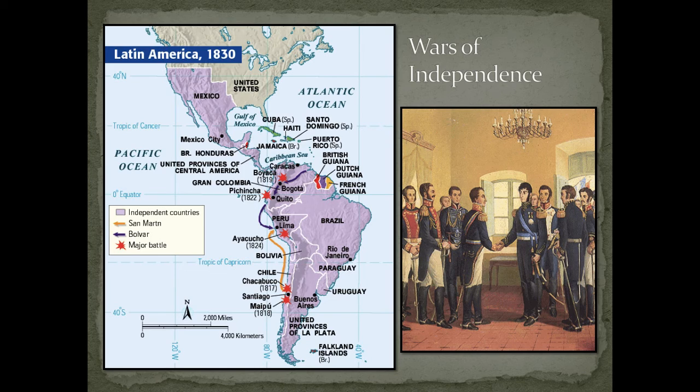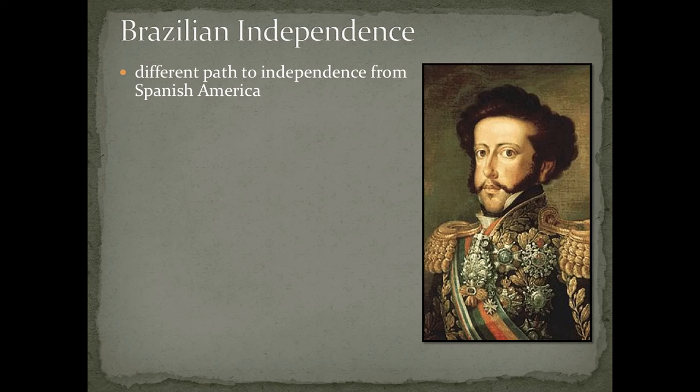We now need to turn our attention to the oddball of Brazil, the Portuguese colony of Brazil. So here's how it's different. For Brazilian independence, because Portugal's king ran away to Brazil, their only colony in the Americas, Brazil was actually elevated in importance during the time that their king, Dom João, was there during the Napoleonic Wars.